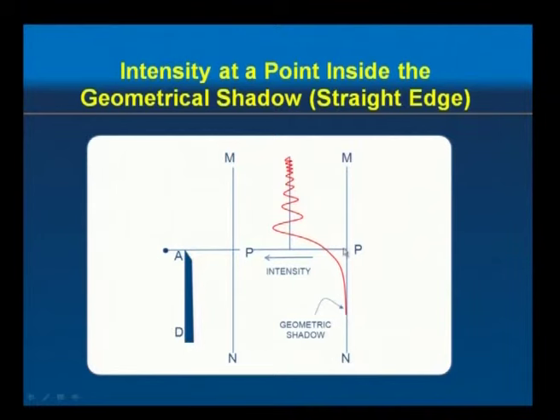And similarly, in the region from P to M, the intensity of light should be uniform. On the contrary, the intensity waxes and wanes, right? The intensity becomes large and then becomes less, again it becomes large, and so on. So this gives rise to what we call diffraction bands.